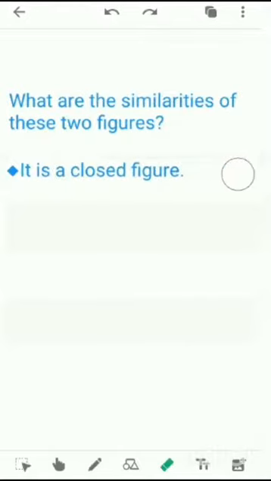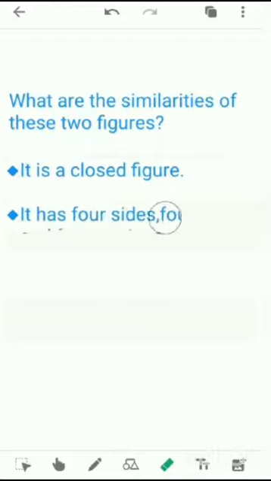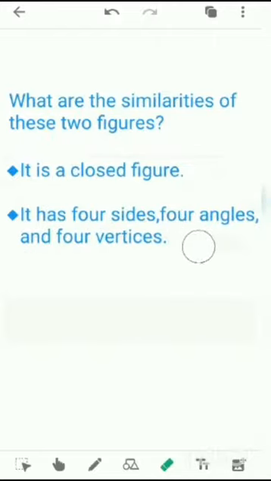What are the similarities of these two shapes, the square and parallelogram? Both the figures are closed, and they have 4 sides, 4 angles and 4 vertices.